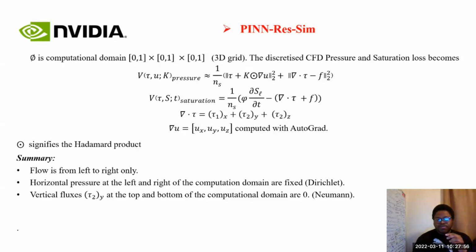If we assume 3 layers, for example, we inject at the last layer, then the water rises up to the top layer, pushing the oil as we go along. So this is the crucial CFD loss function that will be added in our PINN to backpropagate on the weights and bias.